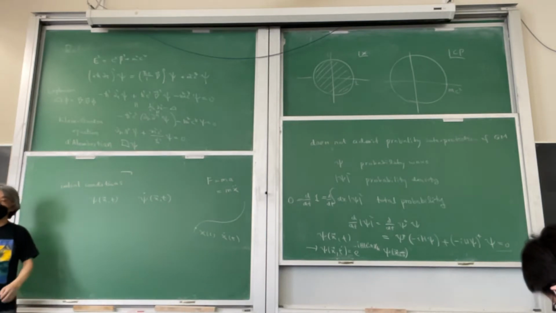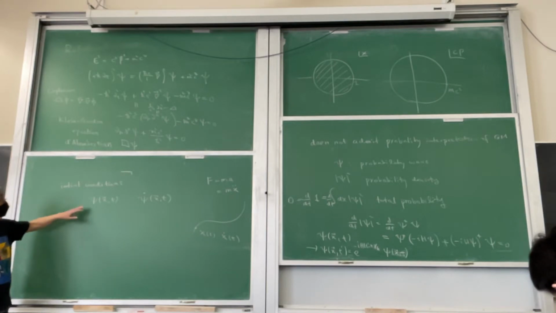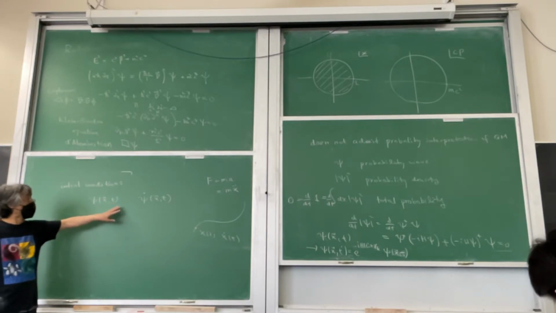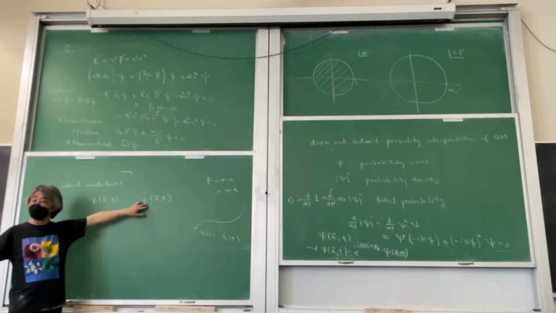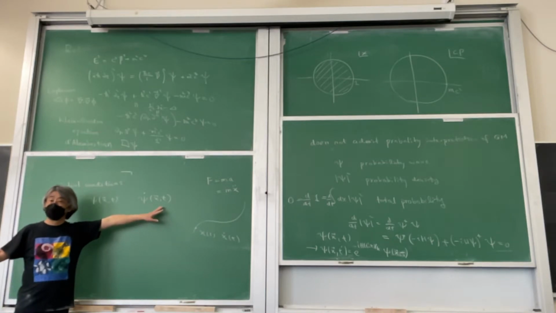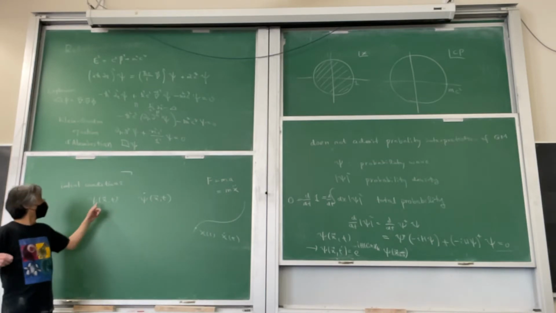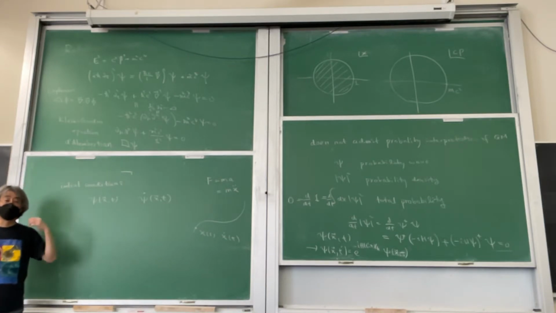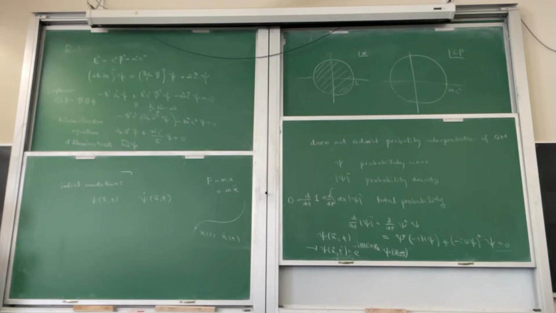The Klein-Gordon equation is the same. Because it's a second order differential equation in time, you have to specify this function at a given time at every position in space, but also its derivative at that moment, everywhere in space. You need two pieces of data to determine the rest of the evolution in this deterministic Klein-Gordon equation.